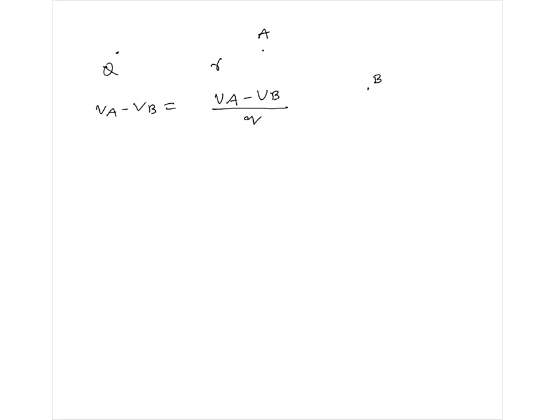Now since I want potential at A, I would like to call maybe B as reference point. Or why not say that reference point is infinity and B itself is infinity?